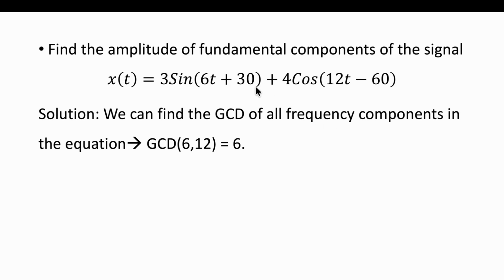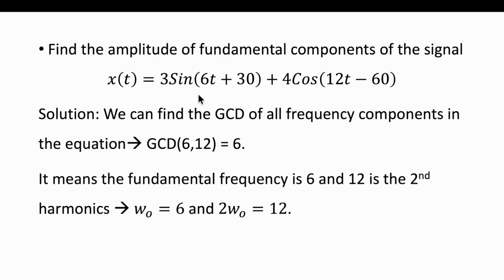This is a frequency component, this is the amplitude, and this 30 is the phase. So the GCD of 6 and 12 is equal to 6.